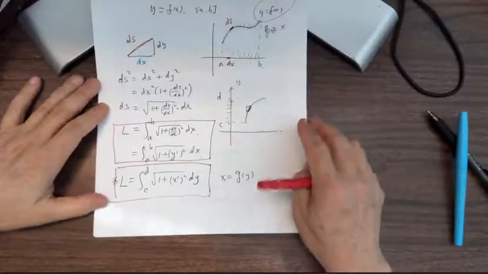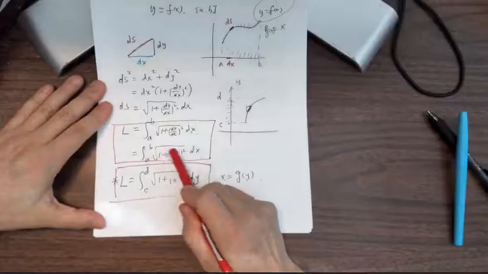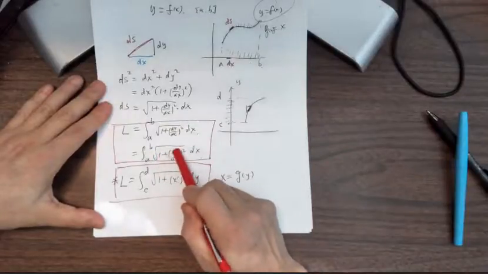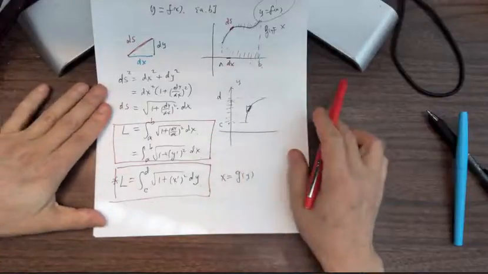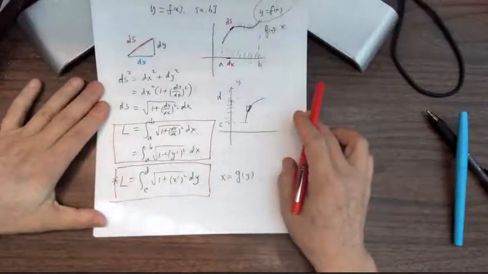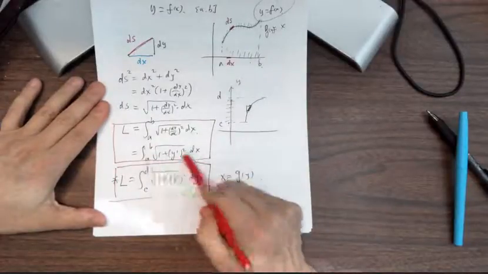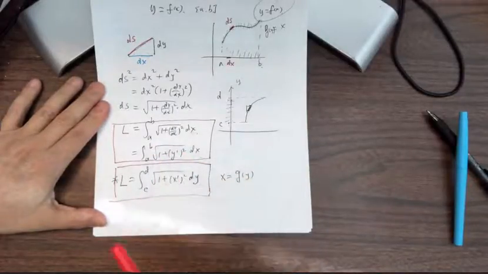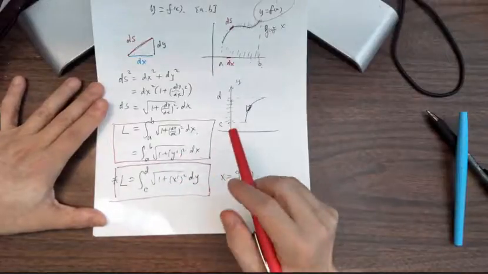Alright, now one more thing I want to point out. Since it's a square root, so far we don't know many integration techniques to use to evaluate a general square root or radical function, to integrate a radical function.